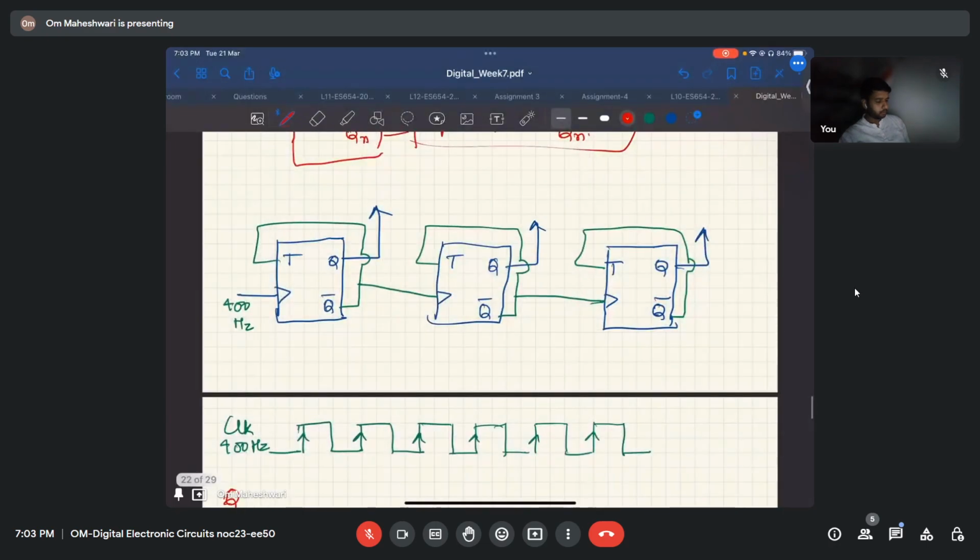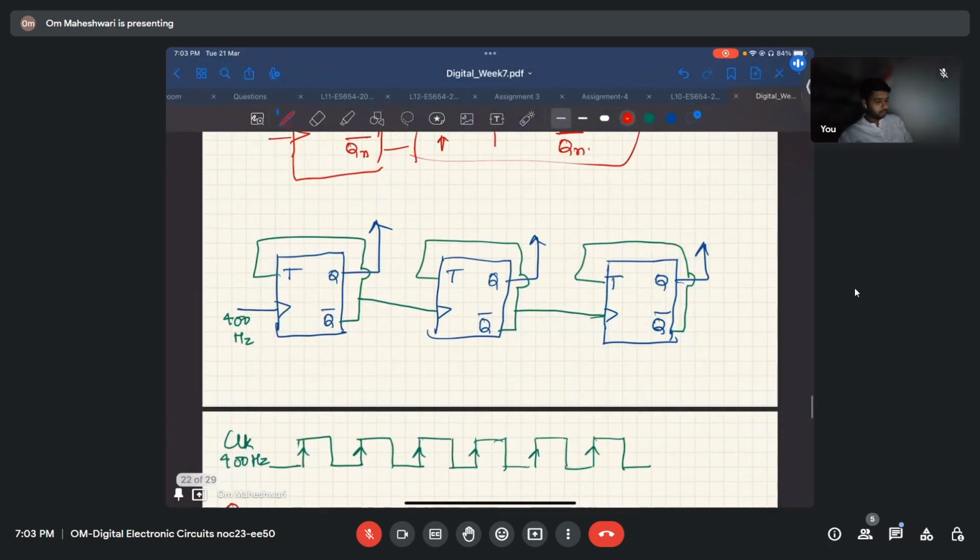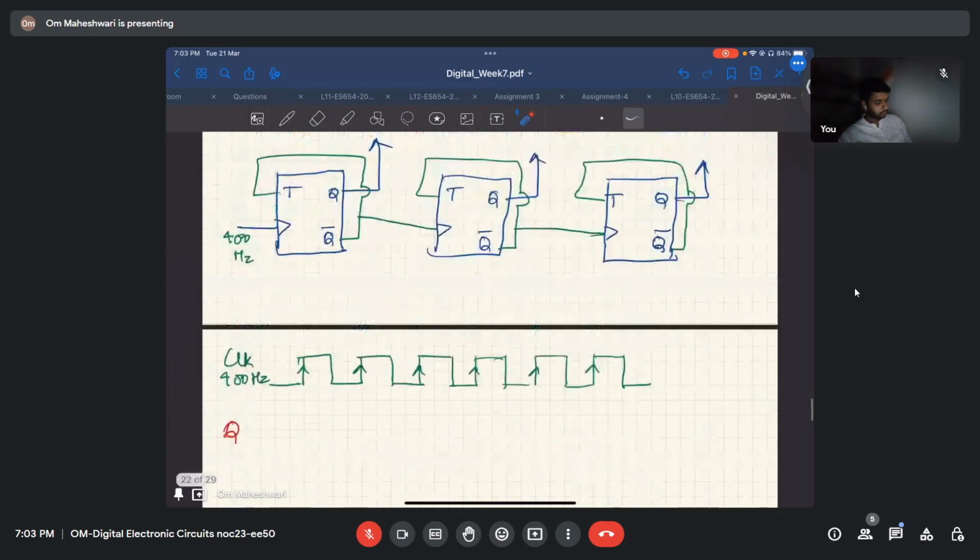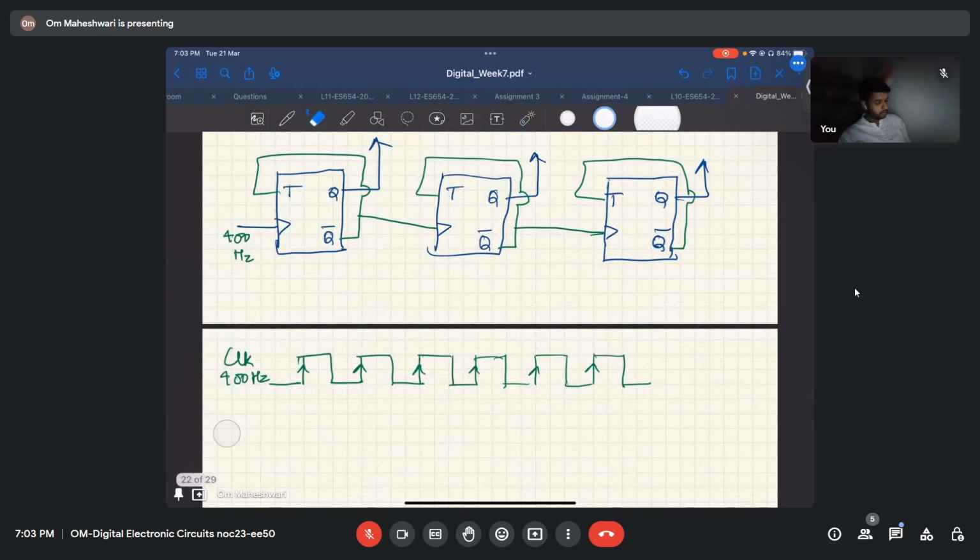Okay. Let us suppose initially it was 0. It would be 1. So if it would be 1, it would flip to 0. It's now at Q2, Q1, Q0.